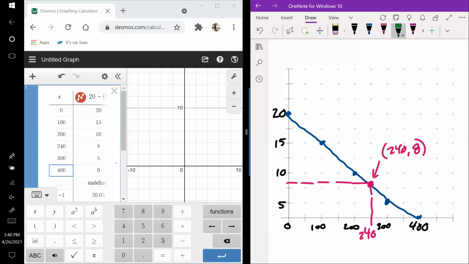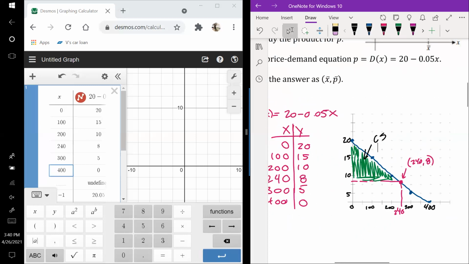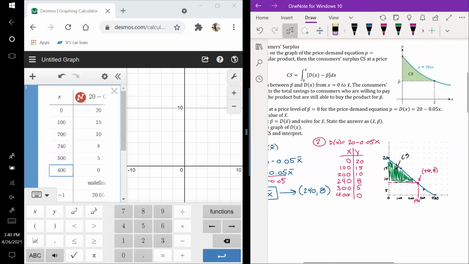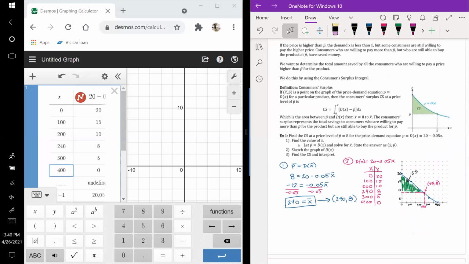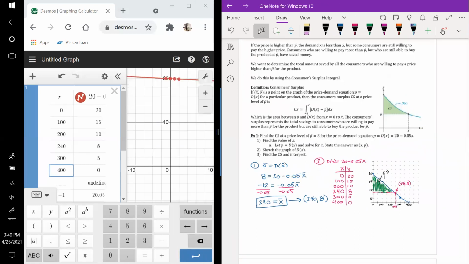And this is the area that we are going to find by using the integral for consumer surplus. So this is our CS. Okay, cool.